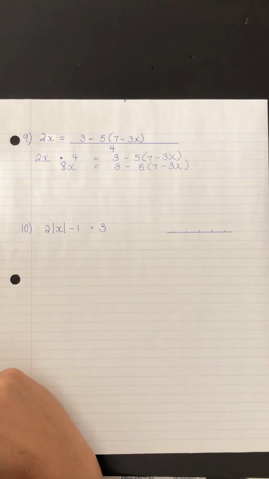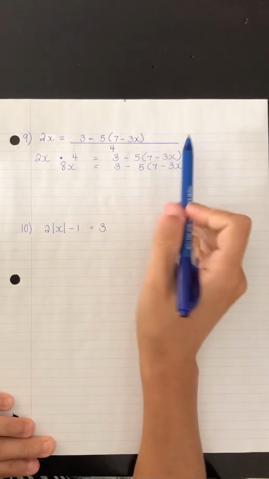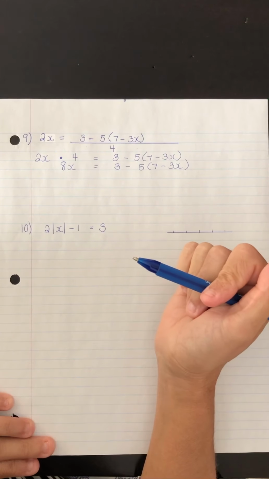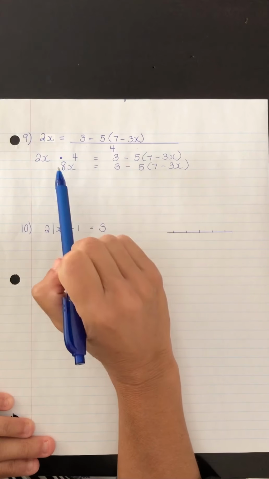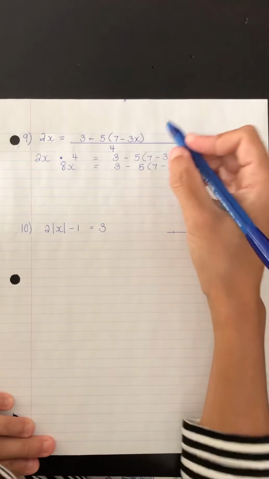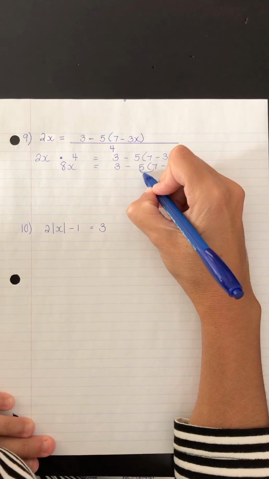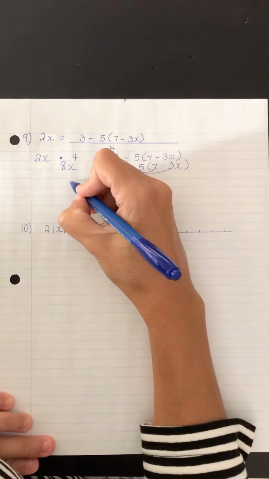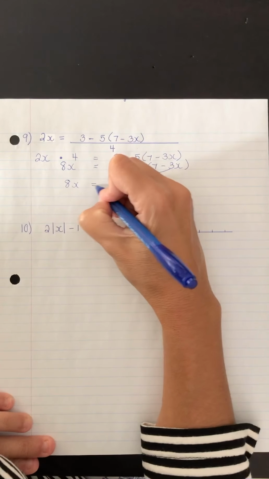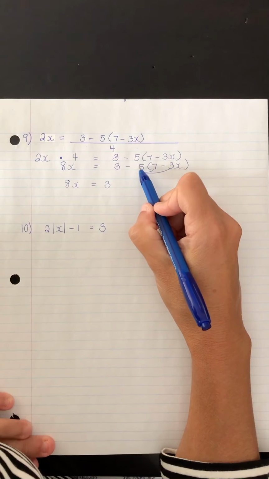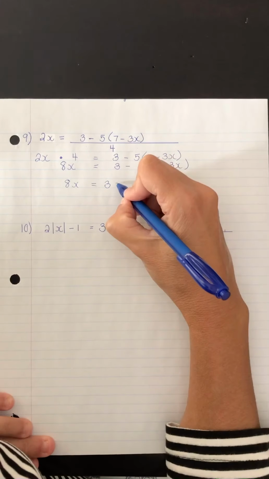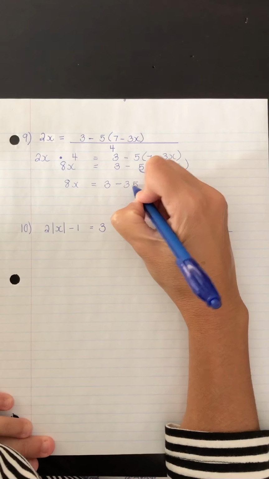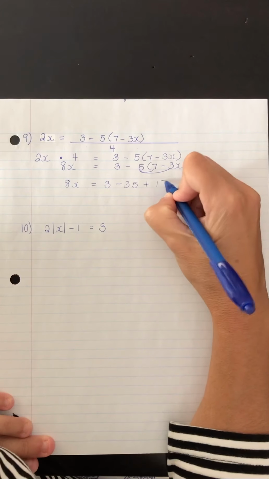I like that start very much because we've eliminated the fraction on the right side already. So 2x times 4 is 8x. And now you can see what we're going to do. We're going to expand the bracket here, which means multiplying both terms inside of the bracket by -5 to give us a -35 and a positive 15x.